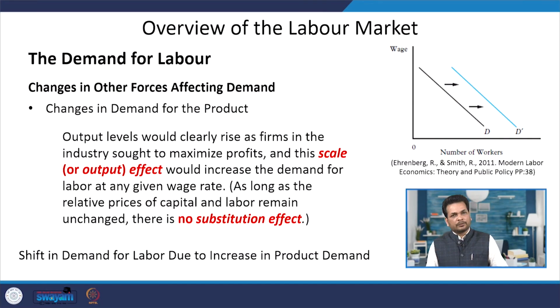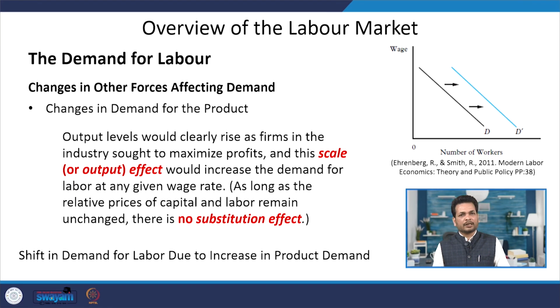So, when a change in the demand for the product happens, let us say there is an increase in the demand for goods and services in the product market, then the output level would clearly rise as the firms in the industry seek to maximize their profit, and this will lead to a scale effect to produce more, which would increase the demand for labor at any given wage rate.